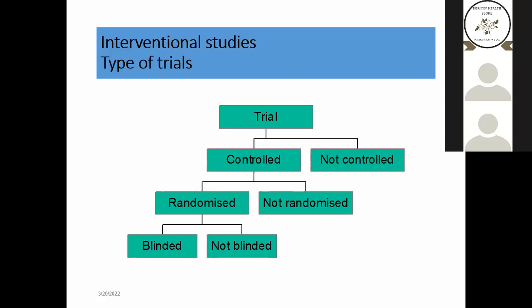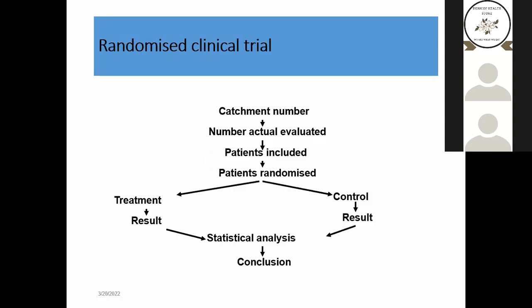Under randomized, that's where we have the single blinded, the double blinded, the placebo. Sister is going to add more information about this. Then under the non-randomized, that's where we have the quasi-experimental design. So I think, sister, you can continue from here.